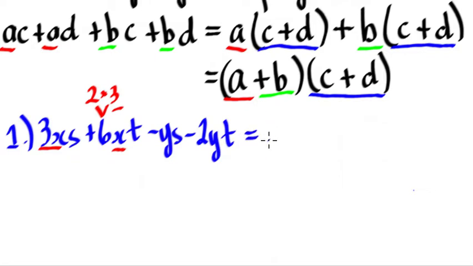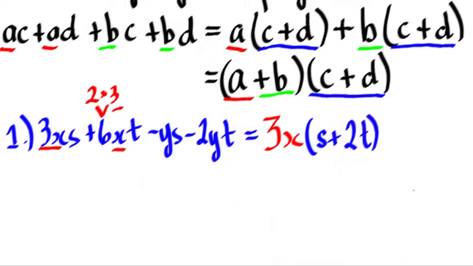I'm writing the 3x with a red pen, and then I'm going to copy the rest using a blue pen. What is left if we take out the 3x is s, and then 2t. It's plus because we have a plus sign here, plus 2t.